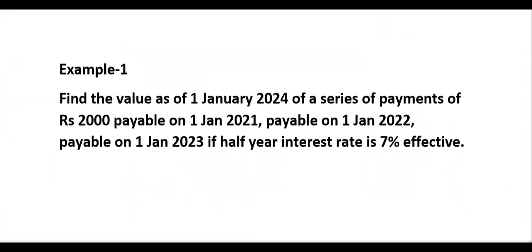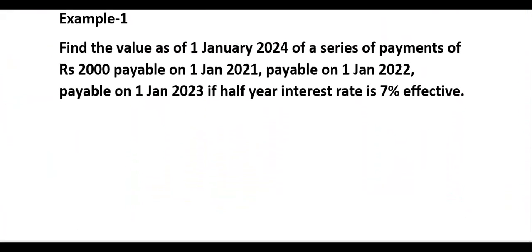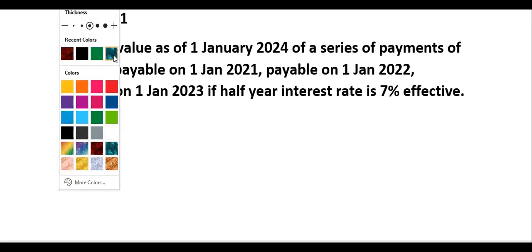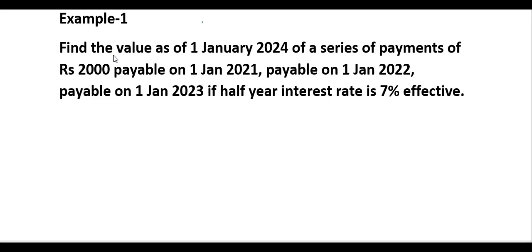This is the first example. Find the value as at 1 January 2024 of a series of payments of 2000 payable on 1 January 2021, 1 January 2022, and 1 January 2023. So these are the yearly payments. Let me write the yearly payments here.